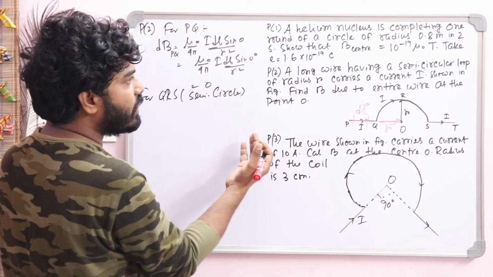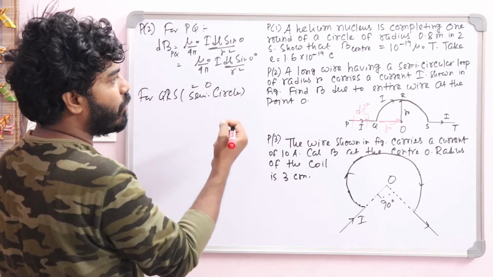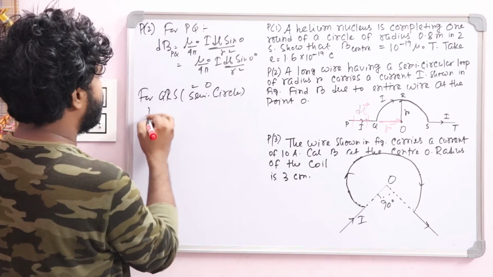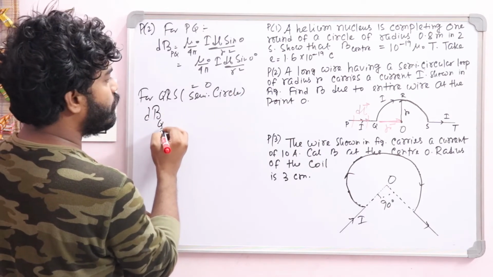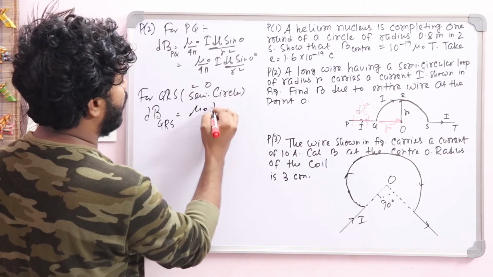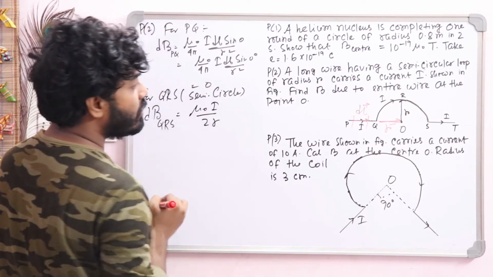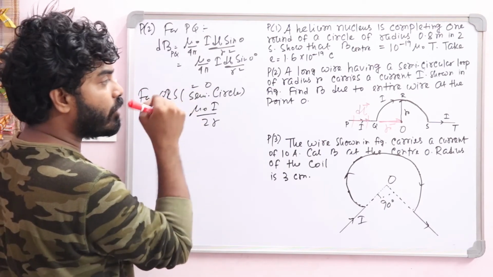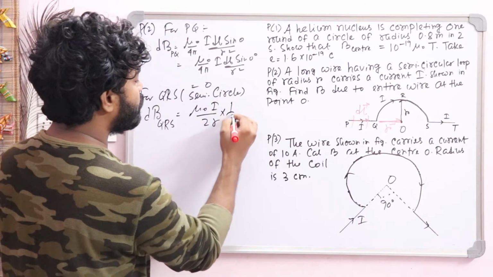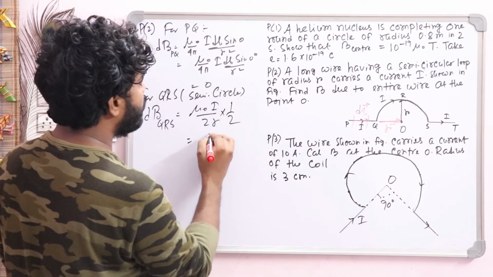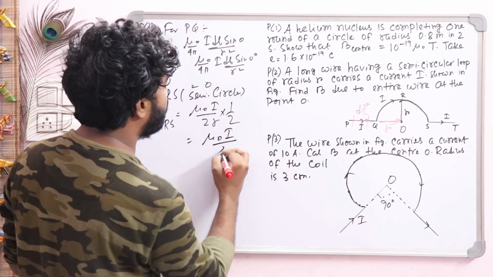So for the semicircle, the expression is mu naught I divided by 2R into half. dB for QRS is mu naught I divided by 2R for the total current carrying loop. For the semicircle, this will be half. We already derived this part. So this value will be mu naught I divided by 4R.